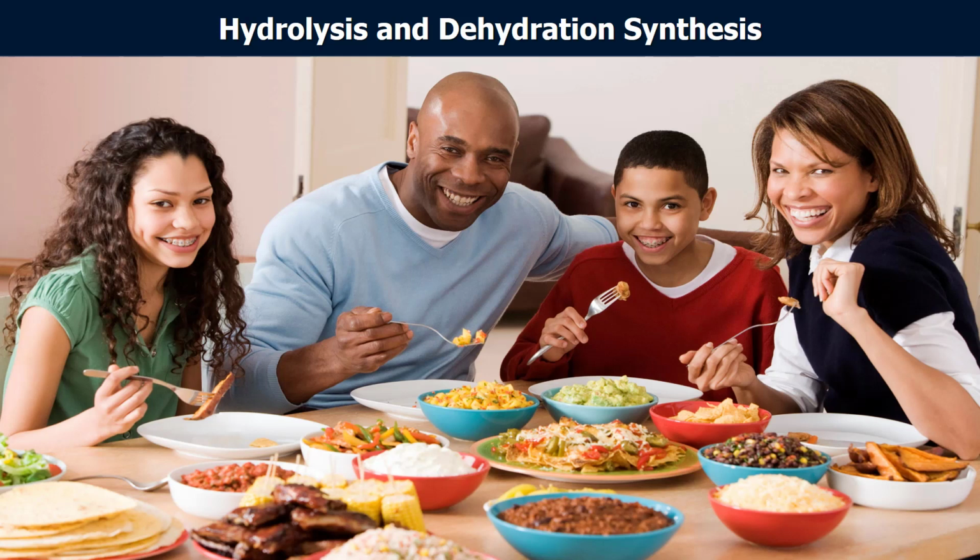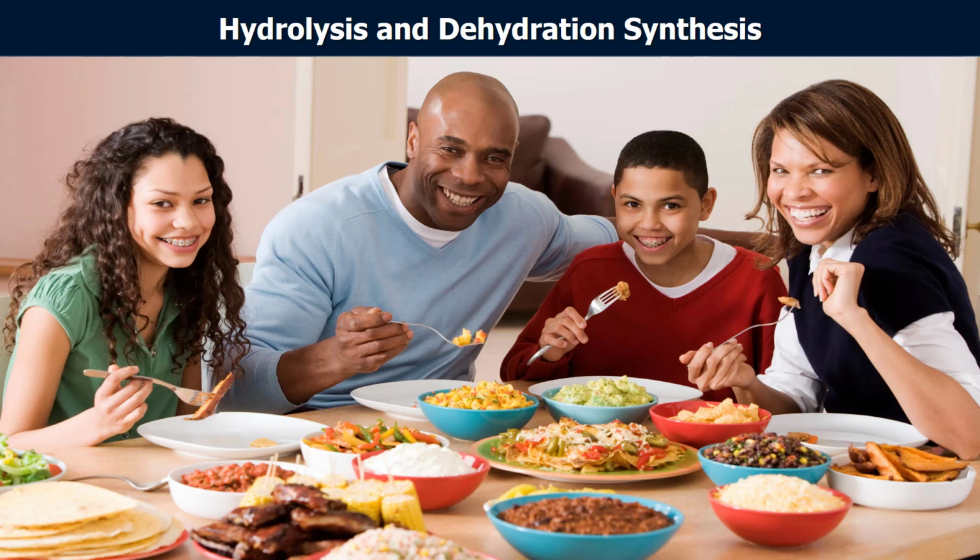So here is a nice family putting things into their mouths that they will then hydrolyze and disassemble. All the food you see on the table there is made of proteins, carbohydrates, lipids, nucleic acids. After all, the food you eat is or was a living thing. So whether you're talking about the beans, the rice, the meat, the salad, the French fries, the corn, everything there at some point was a living thing, so made of proteins, carbohydrates, lipids, nucleic acids, and so forth.